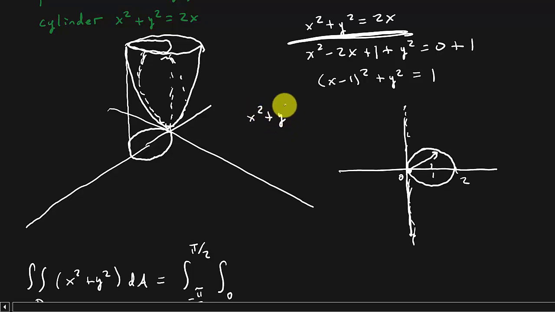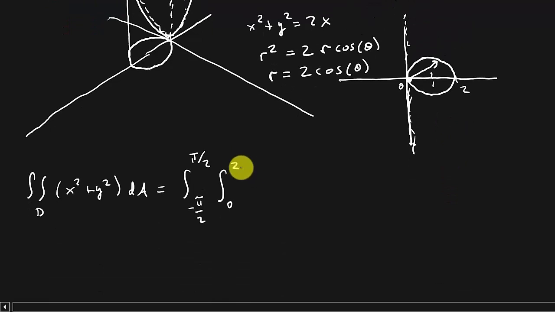So I know I've got x squared plus y squared equals 2x. Well, what's x squared plus y squared? That's r squared equals 2 times x. Well, what's x? That's r cosine theta. And so I know r is equal to 2 cosine theta.